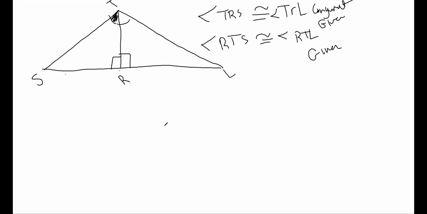Shall I use the postulate with sides, or the postulate with angles? Postulate with angles, because I have two angles. So I will use ASA or AAS, one of them.